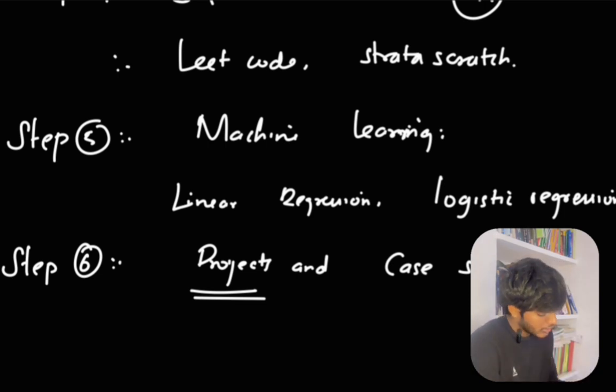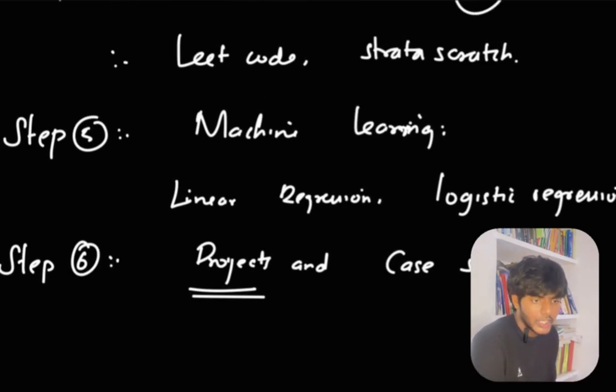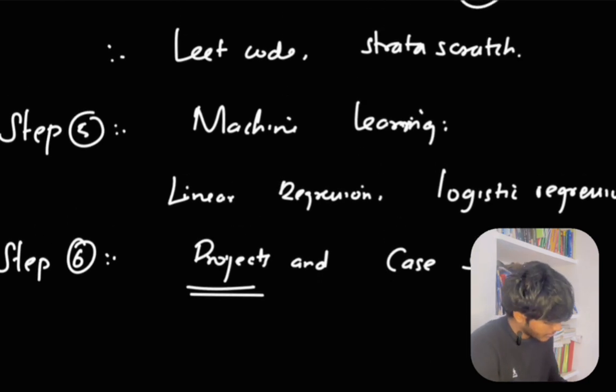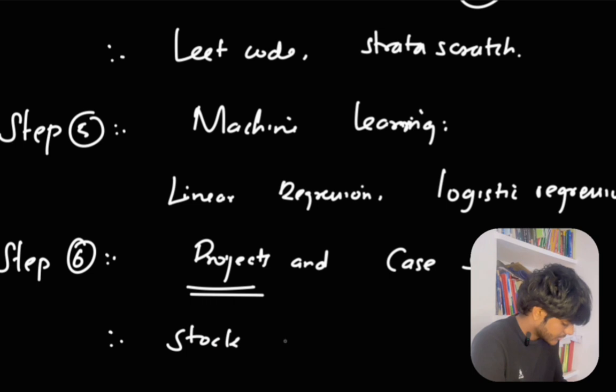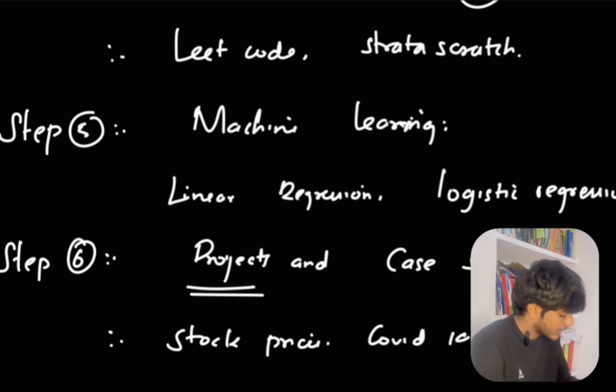You have to work on real-time projects so that you can have some experience in basic data science. For example, I would suggest doing stock prices, and as I said, COVID-19 data and customer segmentation. These are the basic things you can do.